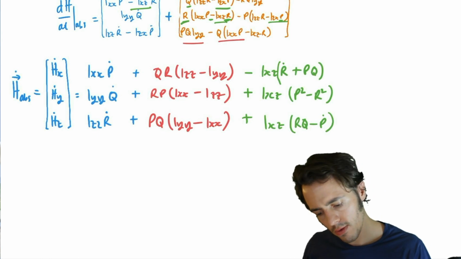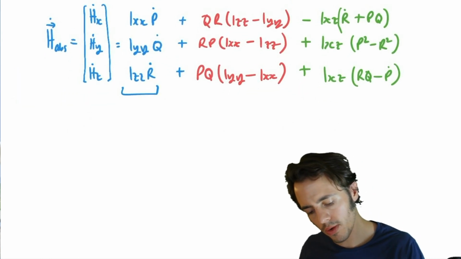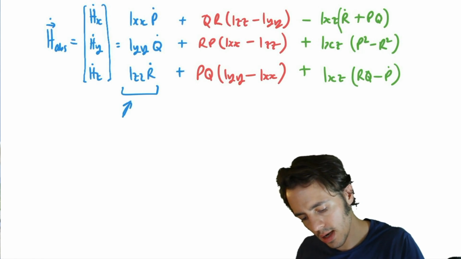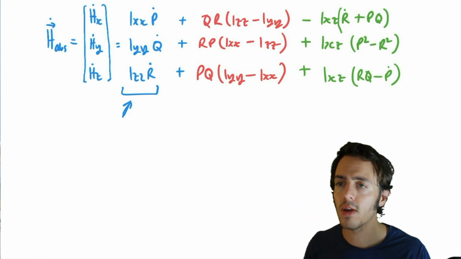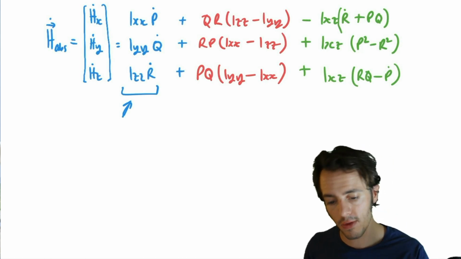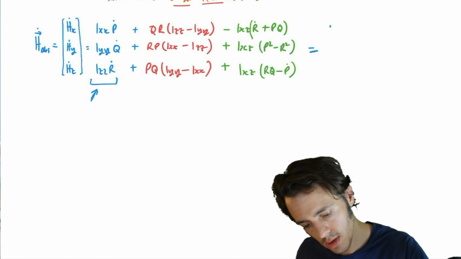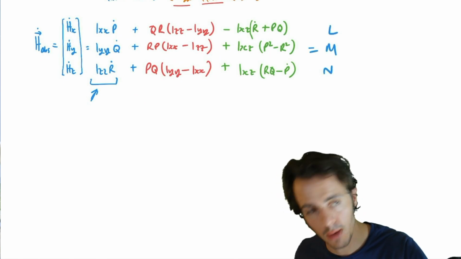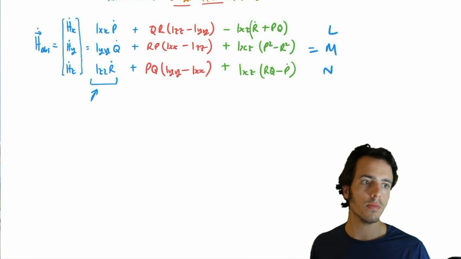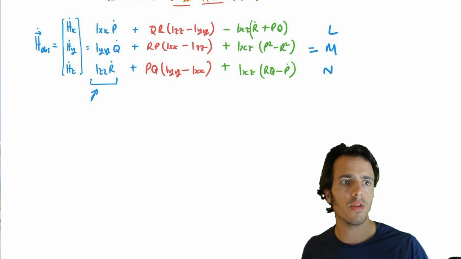Okay, so these first terms are in blue. These correspond to an increase in angular rates corresponding to the axis about which we are applying this force. Because remember, these are equal to L, M, and N, which are aerodynamic moments. So these first terms are pretty obvious. These are sort of the easiest ones we've got.